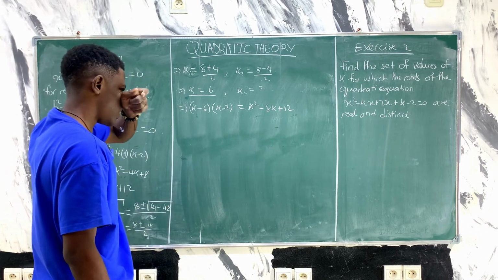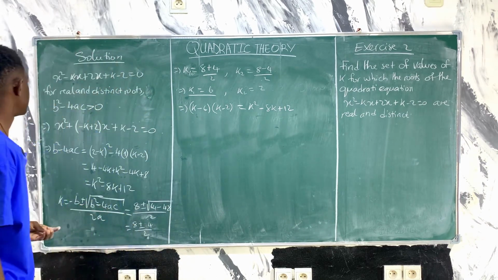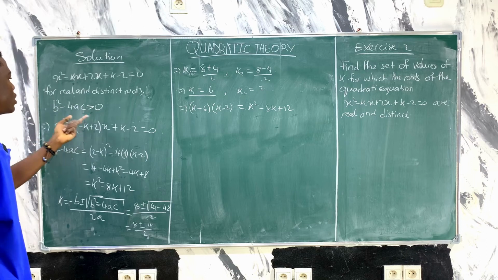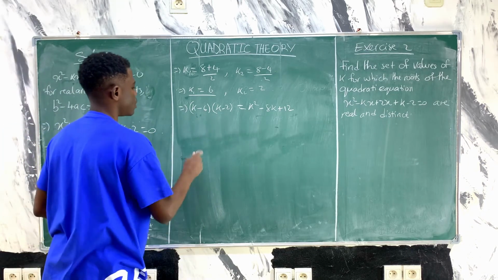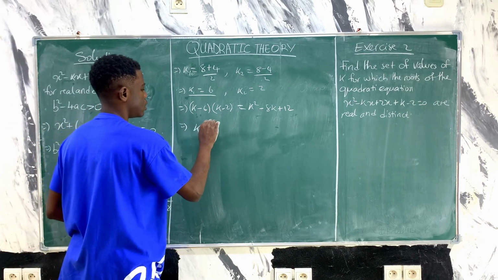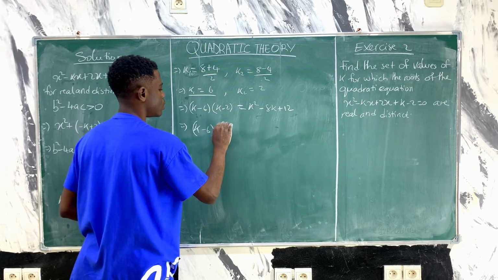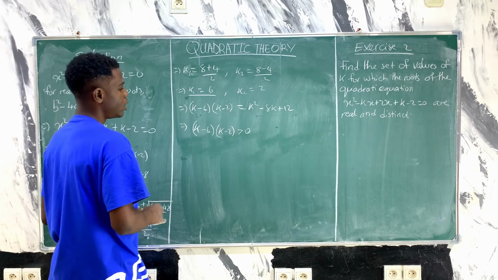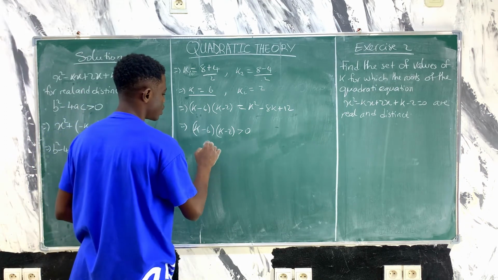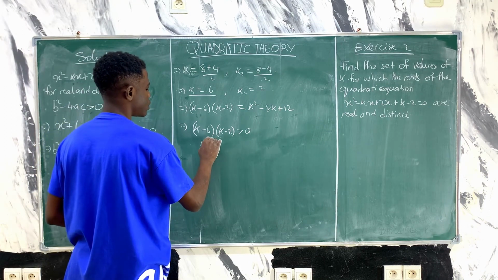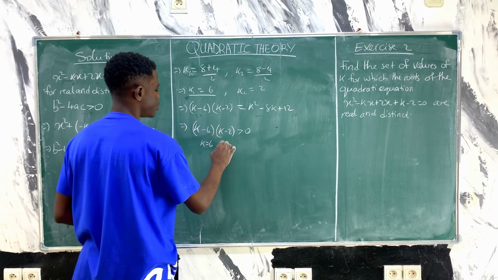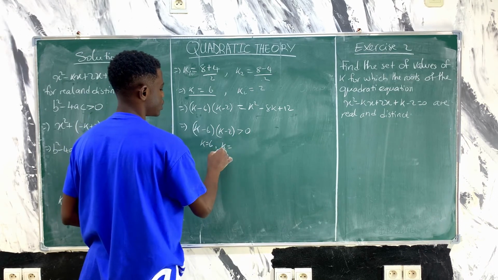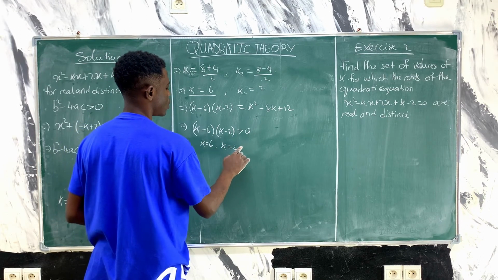Since they said b squared minus 4ac is greater than 0, it means this is greater than 0. It implies k minus 6 into k minus 2 is greater than 0. So to find the value of k, what will I do? My critical values are going to be k equal to 6 and k equal to 2.